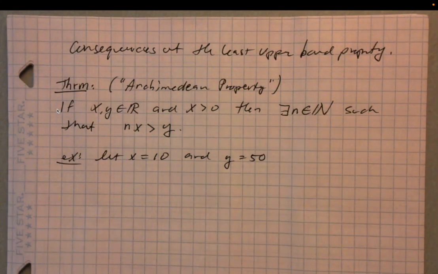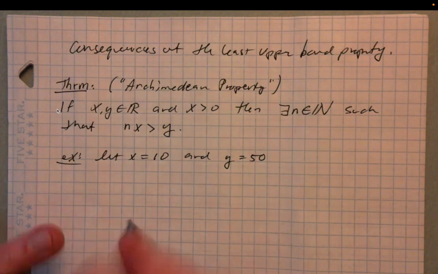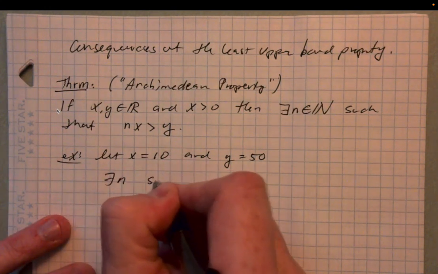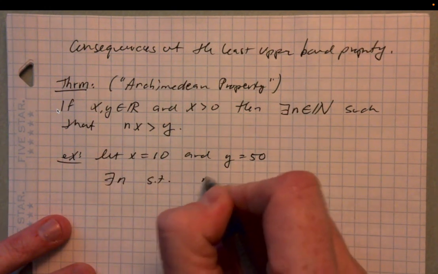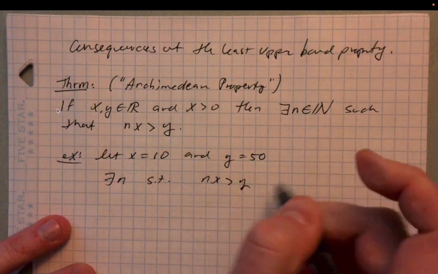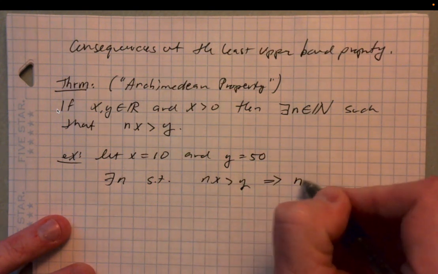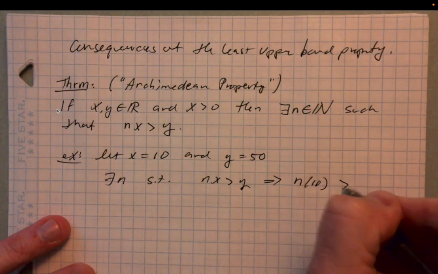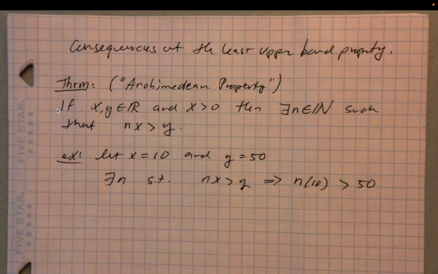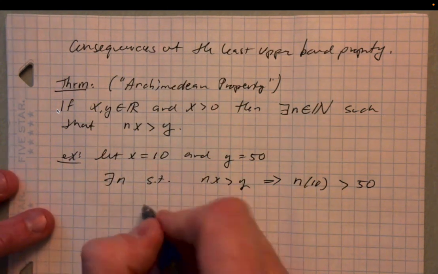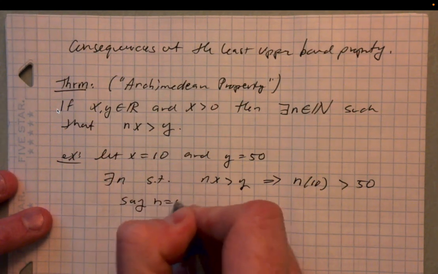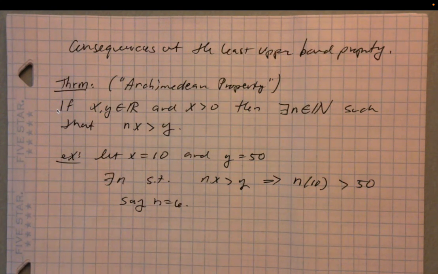The Archimedean property says that there's going to exist an n such that n times x is greater than y, which in this case is the same as saying n times 10 is greater than 50. Well, of course, I can come up with such an n easily. I could just say n equals 6. That would work. That's the Archimedean property.